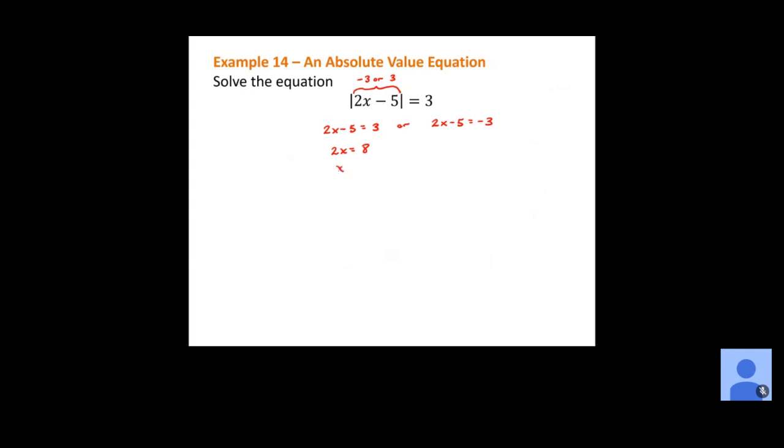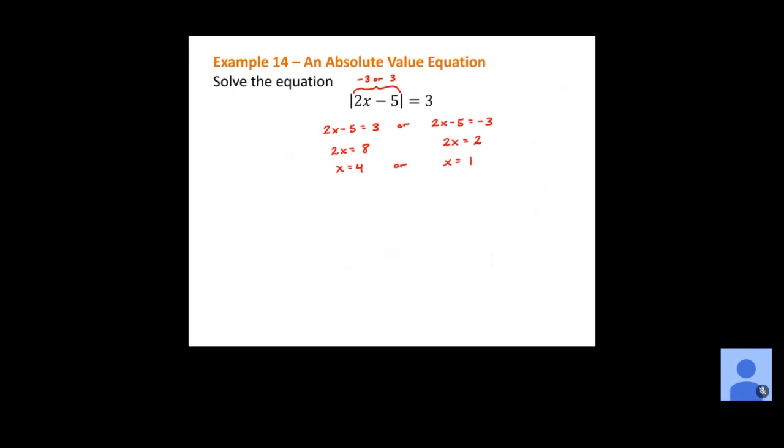Good, divide by 2, so x equals 4. There's one solution. Then on the other side, same steps, right? So when I add 5 here, what's that going to give us? Good. And then once I divide by 2, x is going to be equal to what? 1, right? And that was that solution that you were giving me before, so that's good.